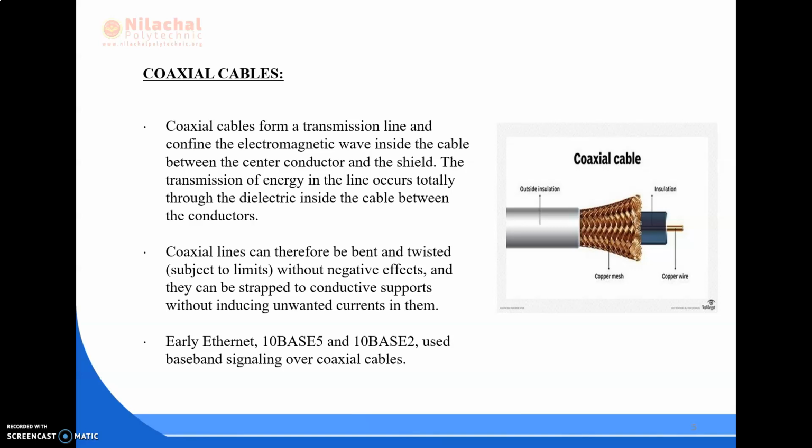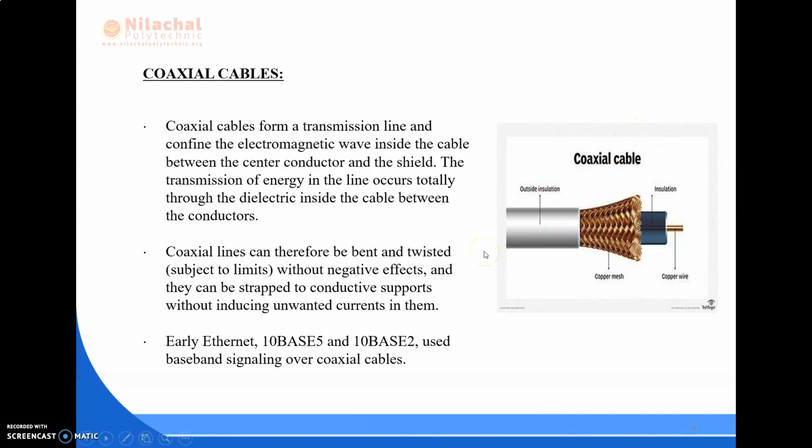Early Ethernet cables, 10Base5 and 10Base2, use baseband signaling over coaxial cables. Here the coaxial cable is a single cable with multiple layers. Inside it there is a copper wire, which is covered with an insulation layer, and further it is covered with a copper mesh, or we can say a copper net type of structure, and finally there is an outside insulation layer.